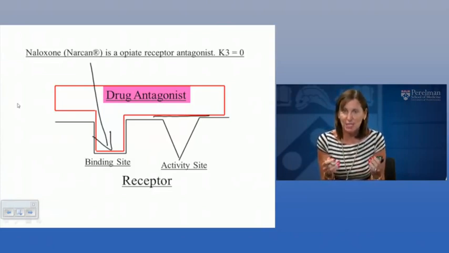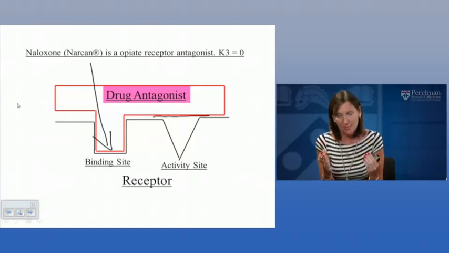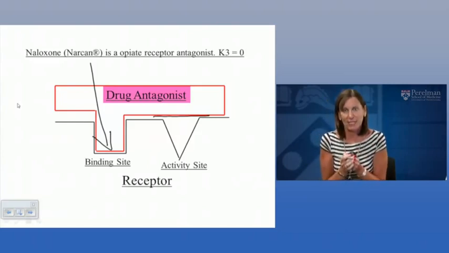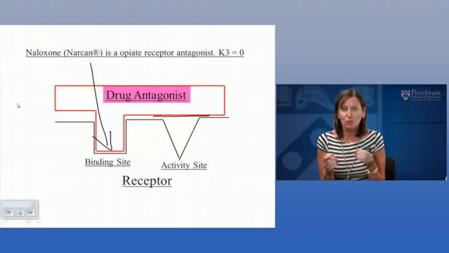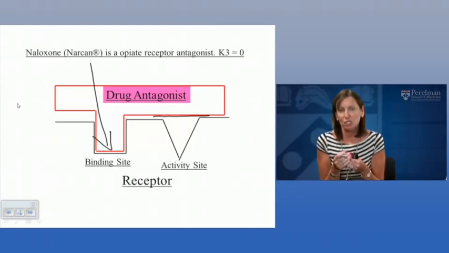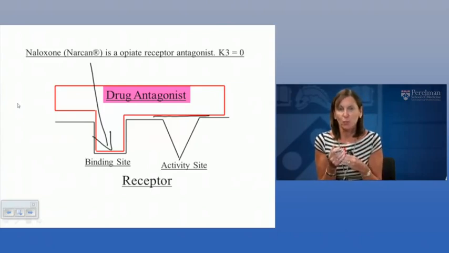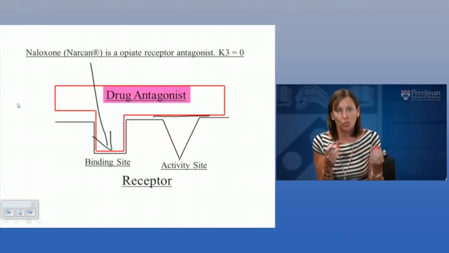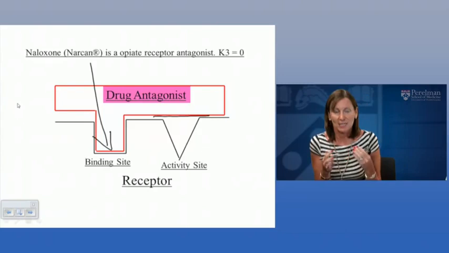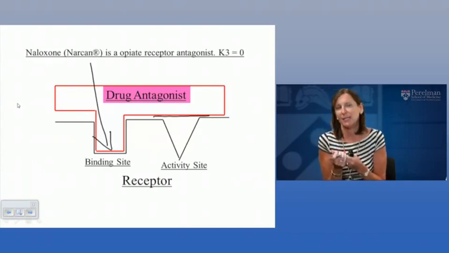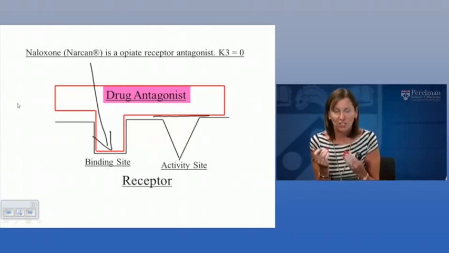And by definition, its K3 equals 0 because it does not permit any intrinsic activity to be seen. So you could imagine the potential utility of naloxone in somebody who has overdosed with an opioid narcotic, because it can prevent the ability of the opioid narcotic to actually bind to the receptor.